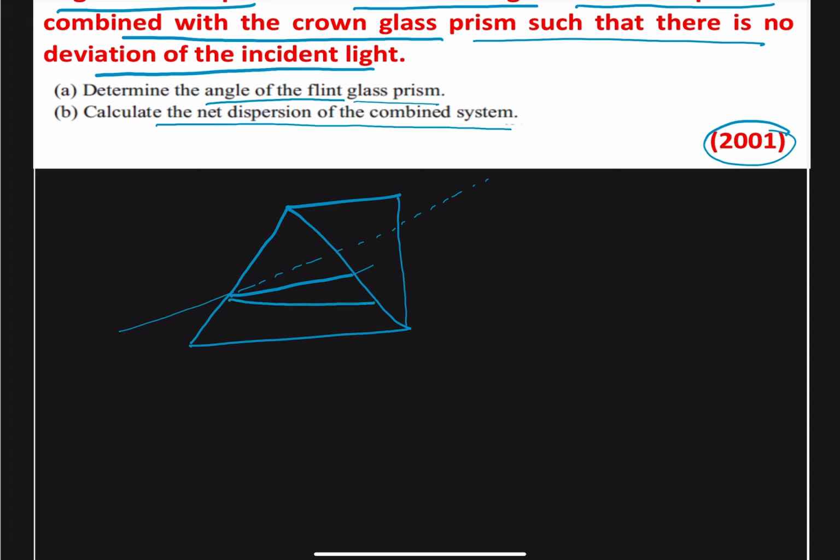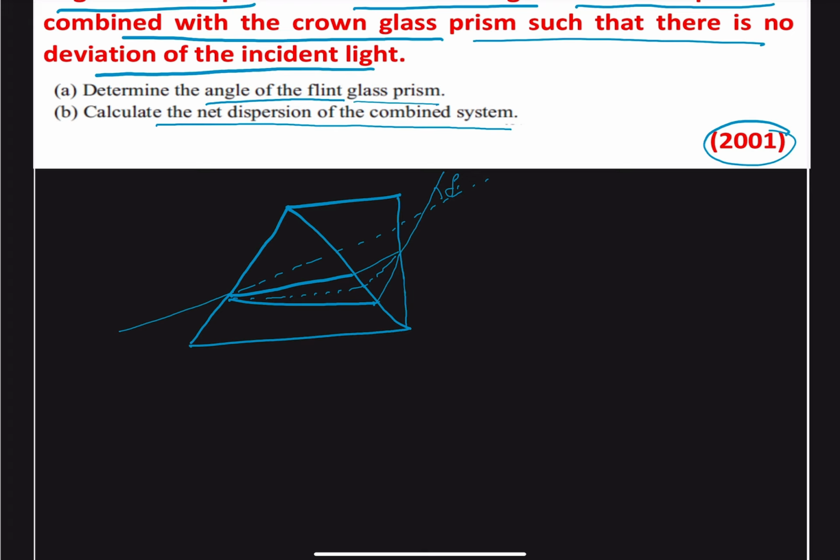So here also it will bend like this, and the middle one is our yellow, and it will come out like this. So this will be our delta. Because it says there is no deviation in the incident light, and we have to find out the net dispersion.